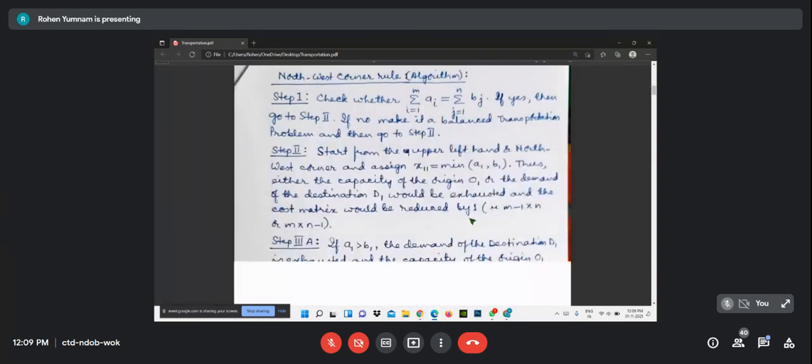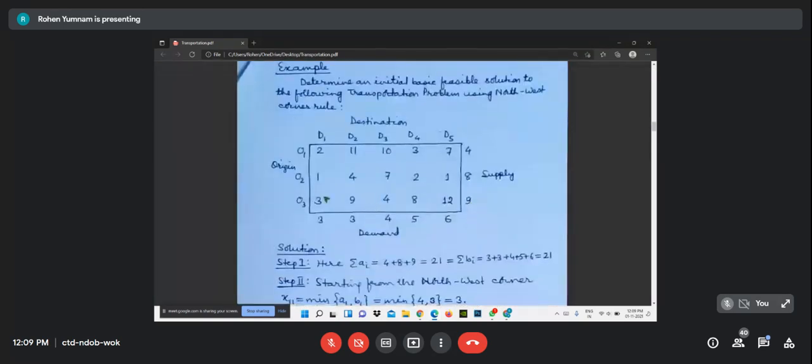Say, let us see another problem. This is origin, destination, O1, O2, O3, D1, D2, D3, D4, D5. And these values are given. These are C11, C12, C13, C14, C15, like we write the elements of a matrix. And this will be C21, C22, C23, like that.